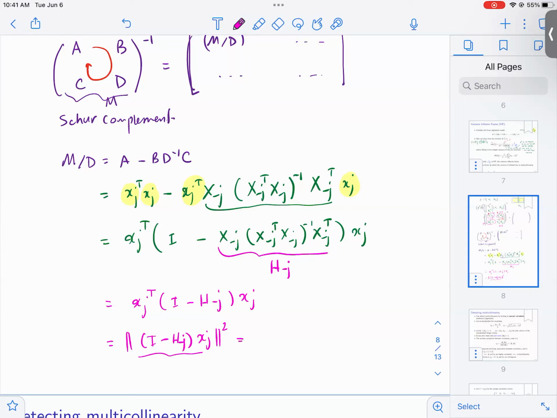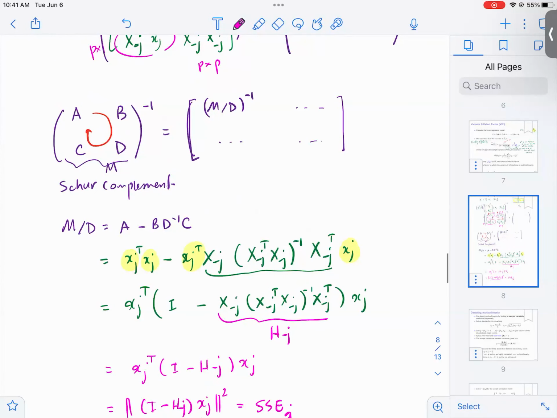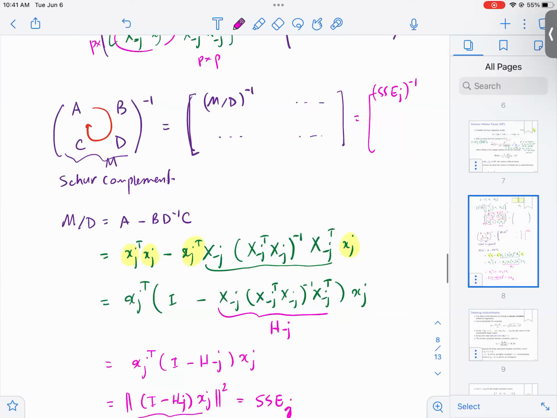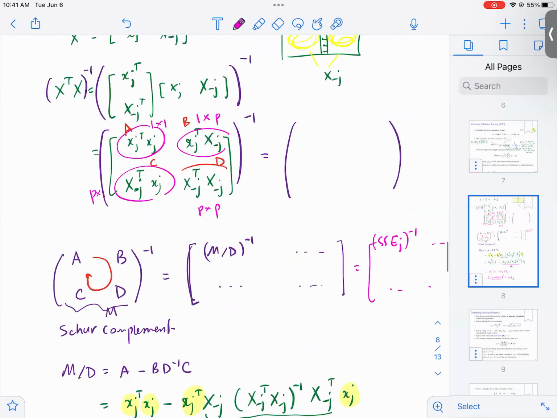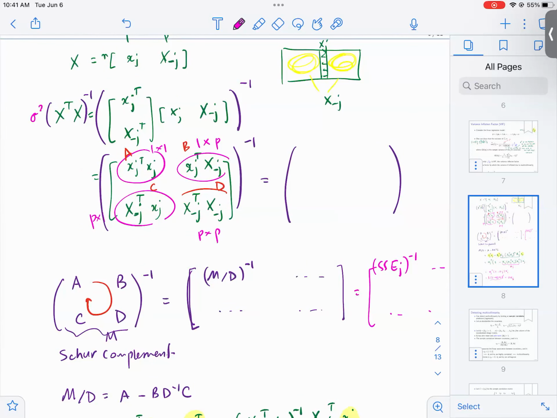So this is really SSE j if you want. It's the SSE in the regression of xj onto the rest of the columns. Okay, so what we have shown is that the first element here is just going to be SSE j inverse. Okay, because that's the Schur complement, and this is going to be the inverse of the Schur complement. Right. So when I do this, I have sigma squared here. There's sigma squared there.